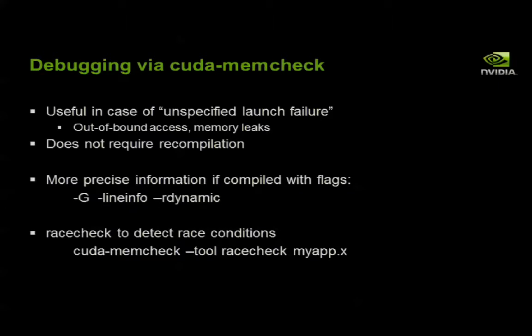And so, yeah, you don't know where to look for those problems. And the race checking tool can pinpoint those locations. So it basically keeps track of which threads access what variable, and then flags any situation where you have a potentially undefined state when they write and read from the same location.